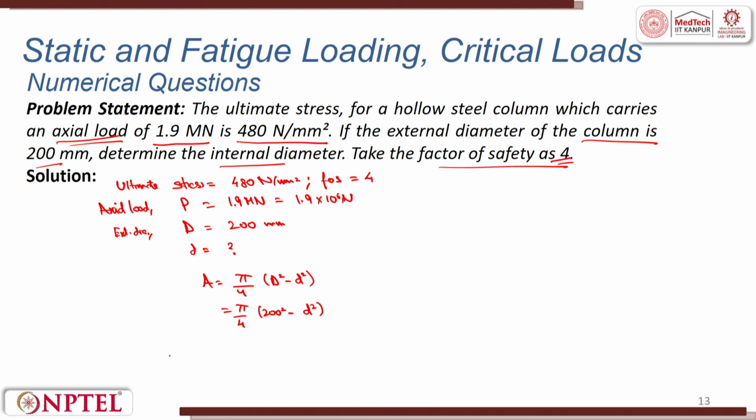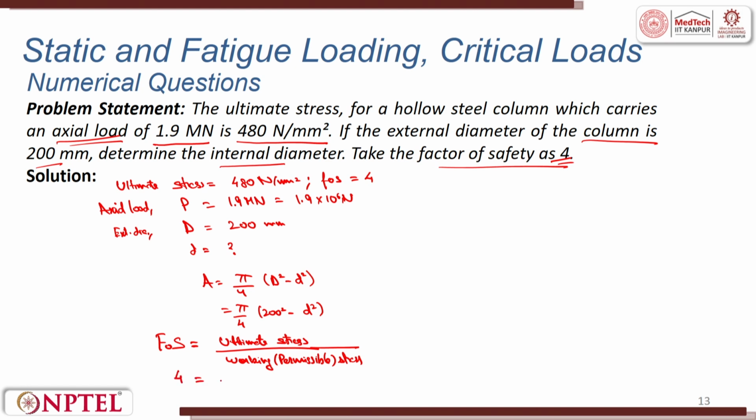Now, the factor of safety relation that was discussed in the last lecture is ultimate stress per unit working stress. You call it working stress or you call it permissible stress. This is my factor of safety, which means the factor of safety value is 4.